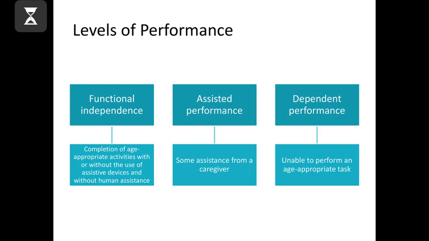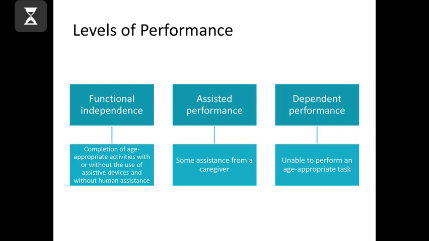Assisted performance refers to when the child's participation in specific age appropriate tasks has some assistance of the caregiver. So maybe they can get up to the sink, but they're not able to complete the hand washing sequence, and they need someone to either use verbal cues or a level of assistance, such as hand over hand, to complete the task.